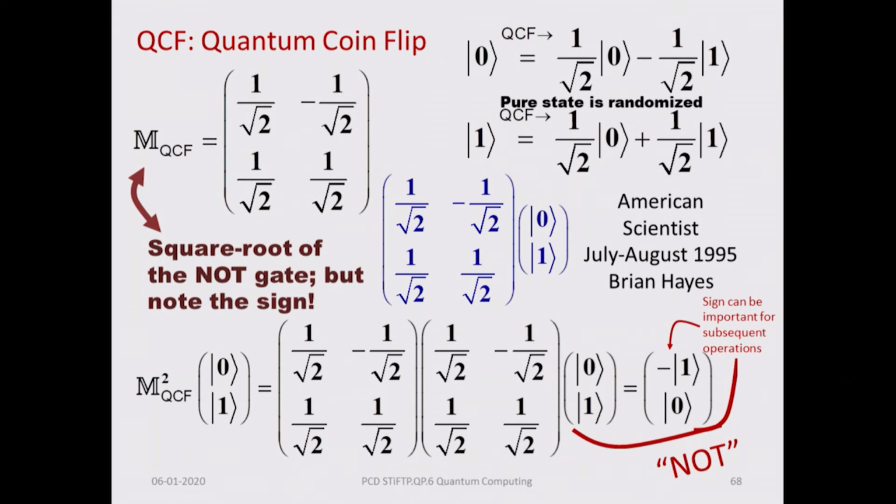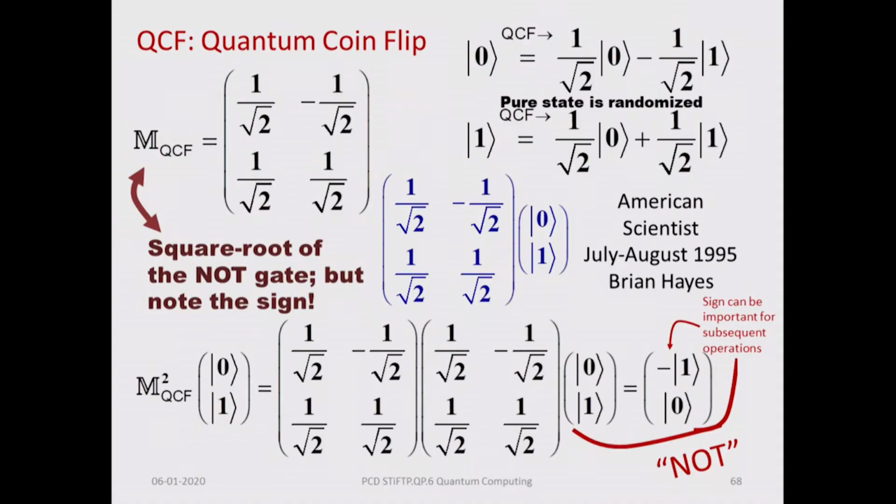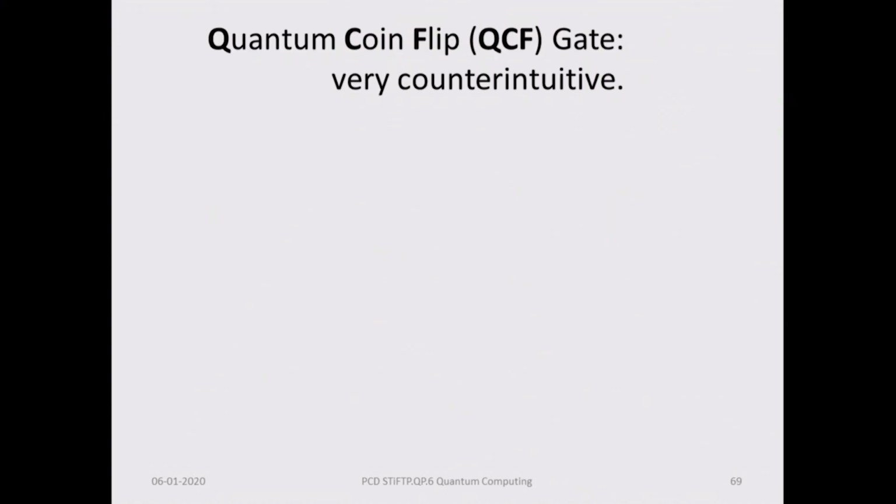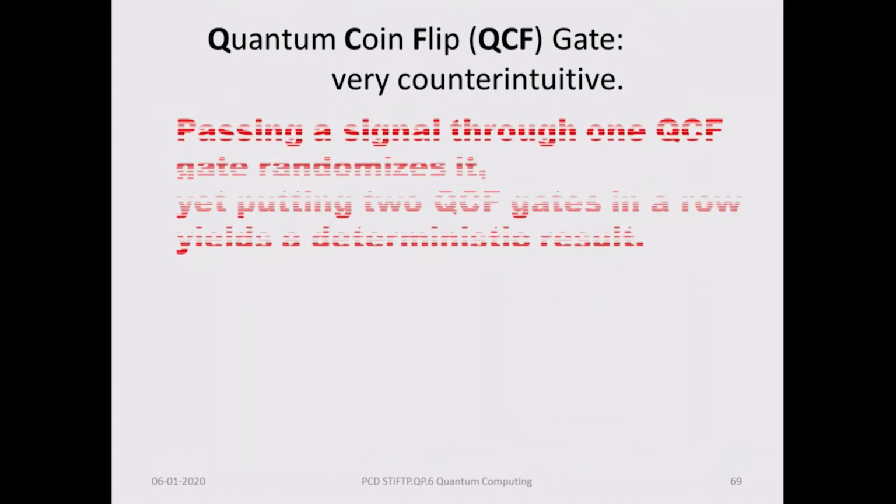So you started with a pure state, and you get a superposition of the two pure states, the qubit 0 and the qubit 1, right? So you have randomized it. But when you do it twice, you get 1 and 0, and this is completely deterministic. This is amazing. There is absolutely no classical analog for this, which is why it is a very counterintuitive gate.